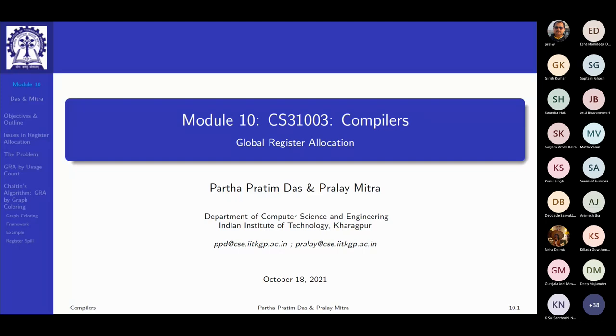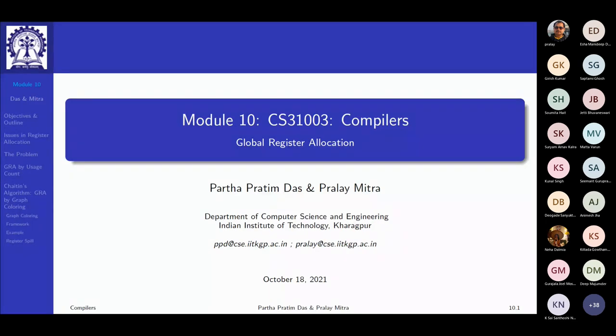So you can imagine that if we just do a brute force kind of code generation, for every variable, x assigns say y plus z. So we load y from the memory into a register R1, load z from the memory into a register R2, compute R1 plus R2, which we may put in R1 itself, which now represents the value of x.